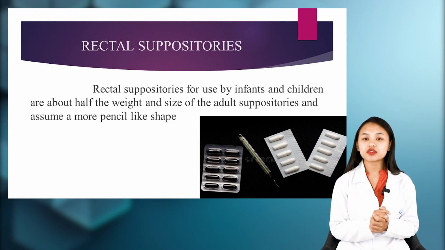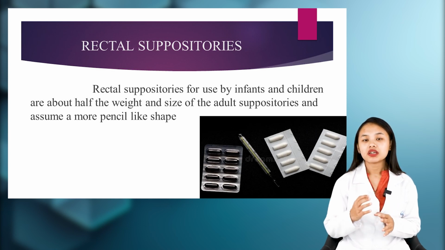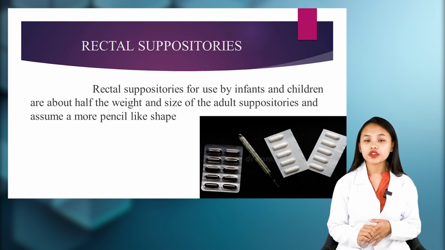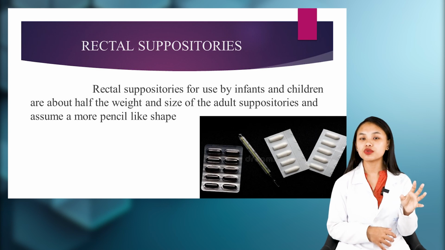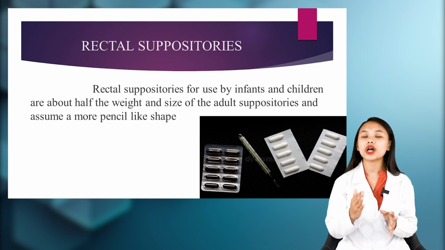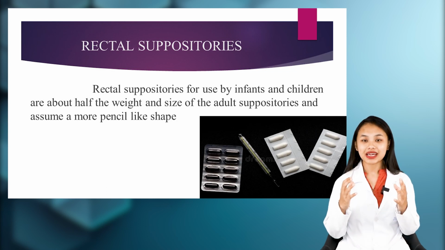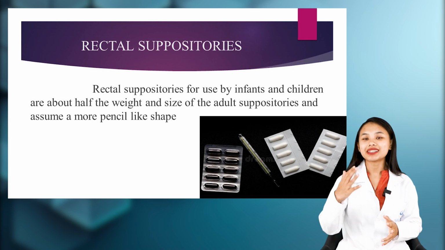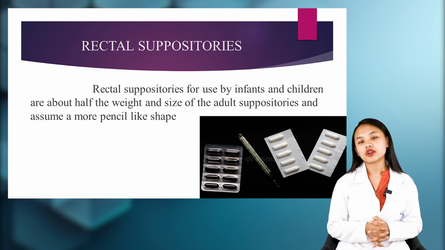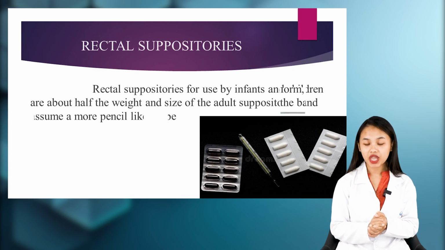If a rectal suppository is to be given to babies or children, then it will be half the weight of the ones given to adults, as well as half the normal size. Rectal suppositories can be intended either for local or even systemic actions.